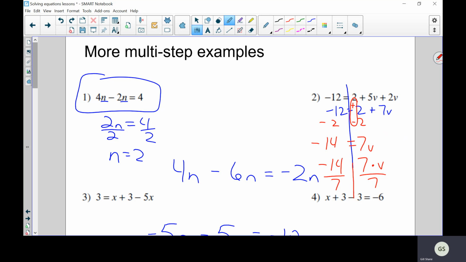All right, so while I was helping them, who else needs help? Oh, I got to show a distributed property. So negative 3x. Yeah, you kind of moved stuff.